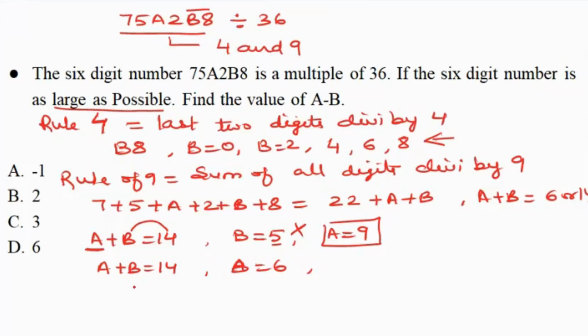If we put the value of B as 6, the value of A we are getting is 8. So 8 plus 6 is 14, and we can get our answer. So the value of A we can put as 8.